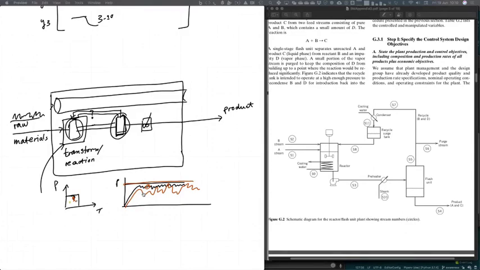In many cases, what you'll find is that systems are resilient. They don't necessarily blow up. They just operate at some suboptimal condition. Did that answer your question?